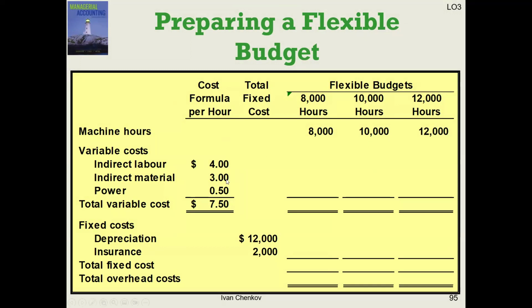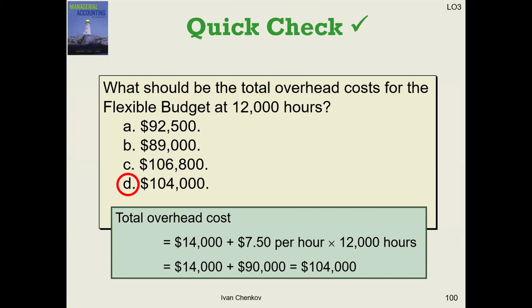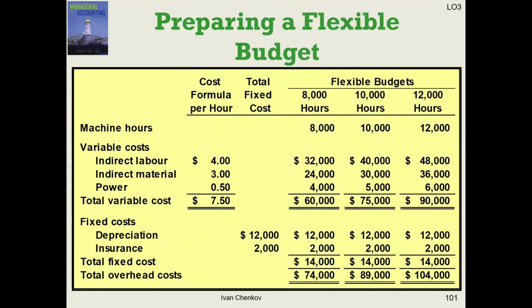At this point, once I know the variable cost per unit always stays the same and fixed cost in total stays the same, I can prepare different budgets for different hours: 8, 10, 12. That will be my flexible budget. Once I prepare those, I'm going to compare with my actual cost.